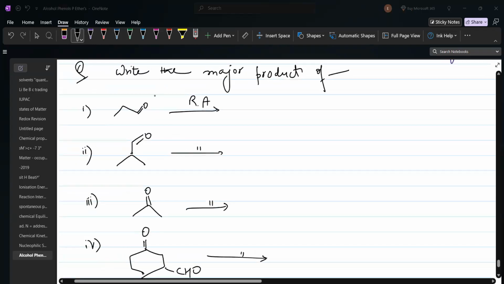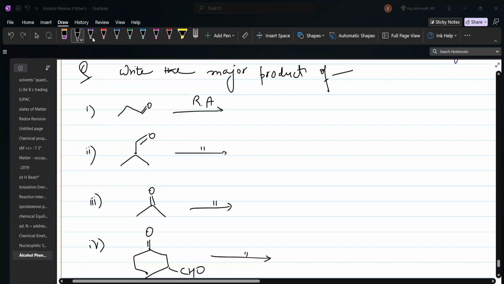I'm doing the first two so that no one will have a problem with any question. Let's see. We have this. In this carbon we can see a double bond to O is attached here. So obviously through this carbon we will see OH, right? Yes or no? Yes, sir.